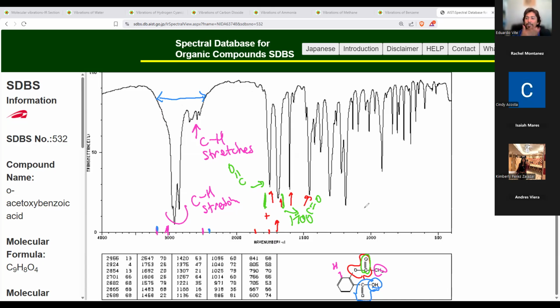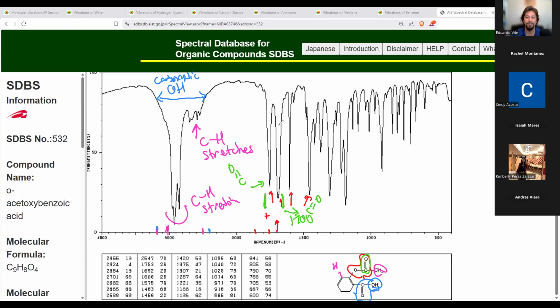So now you can justify, you can say, hey, this is a wide signal, just like you would expect from the wizard's beard. Yeah, it doesn't look like a very well kept wizard, right? This guy's probably living in the forest and hasn't seen society in 20 years. But regardless, it has the characteristics and it's in the structure. So we can say, this is my OH stretch for my carboxylic acid. This is my carboxylic OH right there.